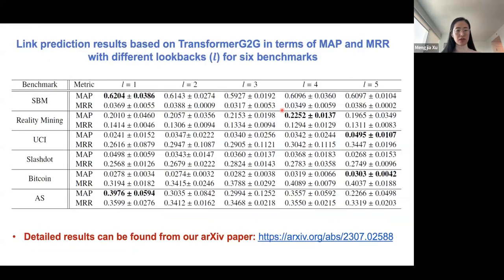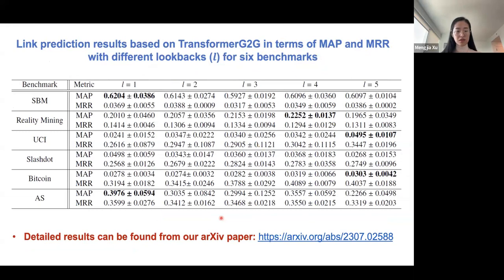This shows the overall experimental results for temporal link prediction based on the proposed TransformerG2G, in terms of the MAP and MRR metrics using different lookbacks for 6 benchmarks. I think we also have some new experimental results in our revised paper.